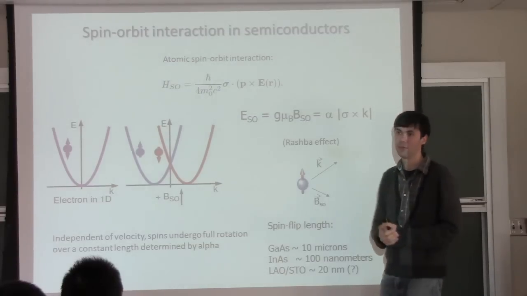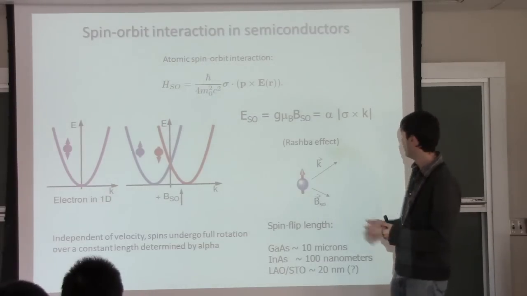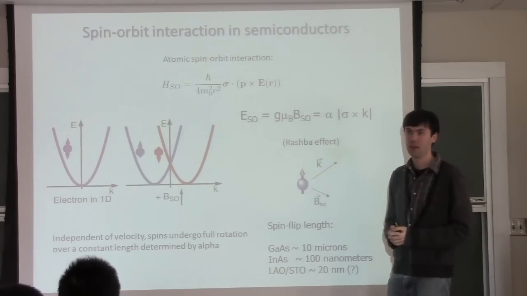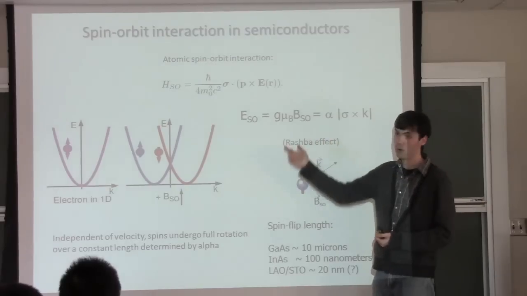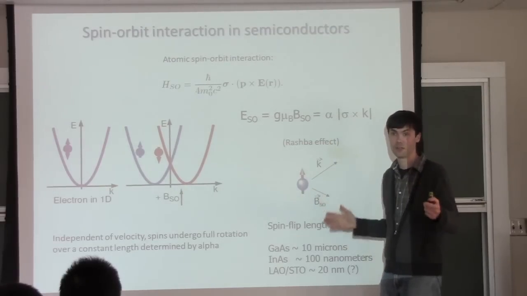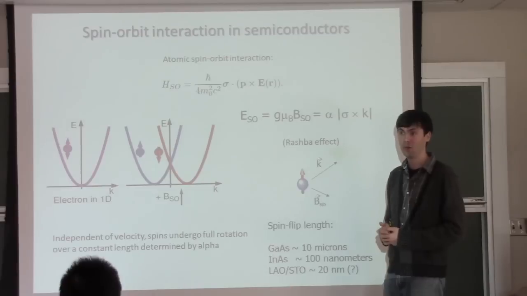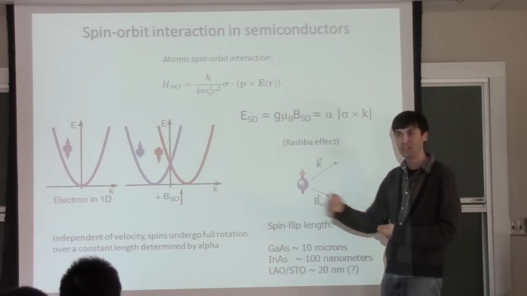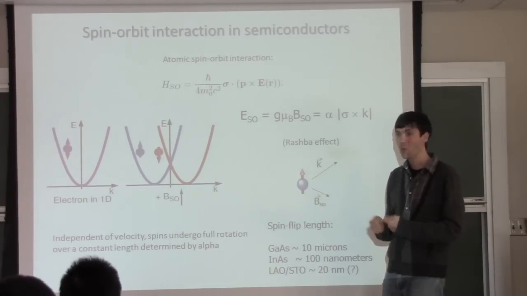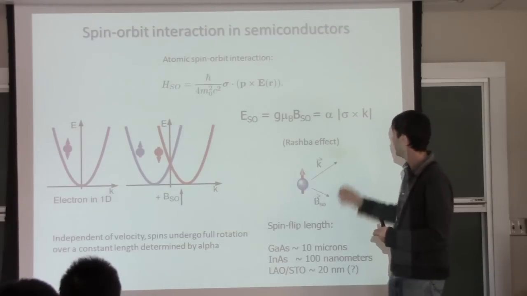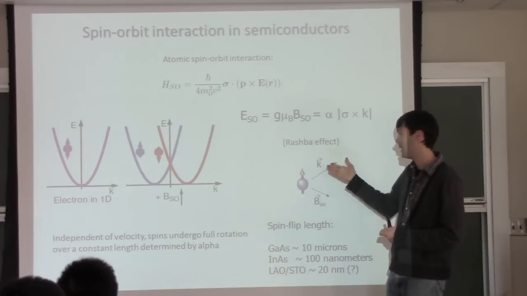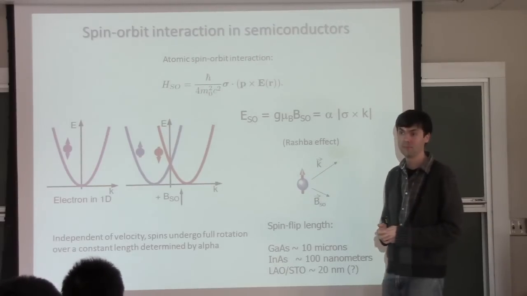So why is it useful to think about spin-orbit length? Well, for such linear terms, if you go faster, the spin-orbit field also grows larger. So over the same length, you do the same rotation. No matter how fast you go, the length remains the same. So then spin-orbit length is not dependent on momentum.